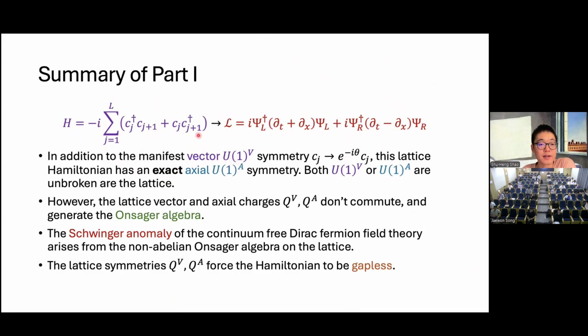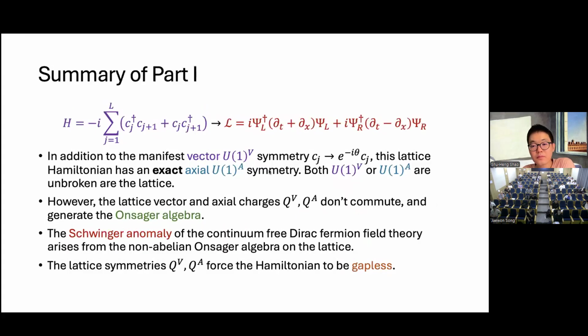And we found that in addition to the manifest vector U1 symmetry, there's an exact axial U1 symmetry. Both of them are conserved quantities on a finite lattice. The only catch is that they don't commute and they generate the Onsager algebra. And you can say that the Schwinger anomaly of the continuum Dirac fermion field theory arises from this non-abelian Onsager algebra.